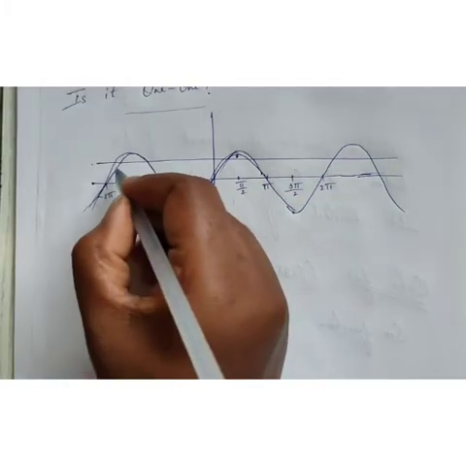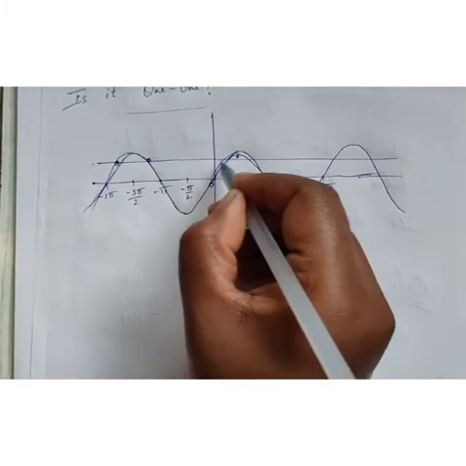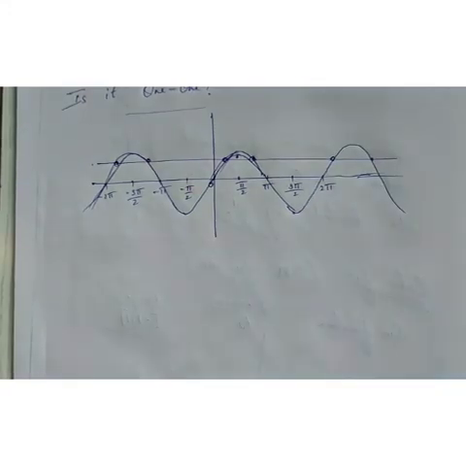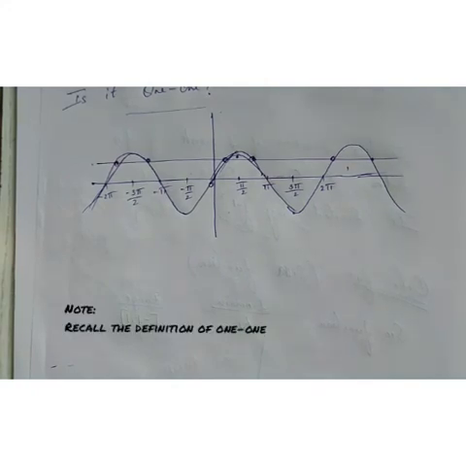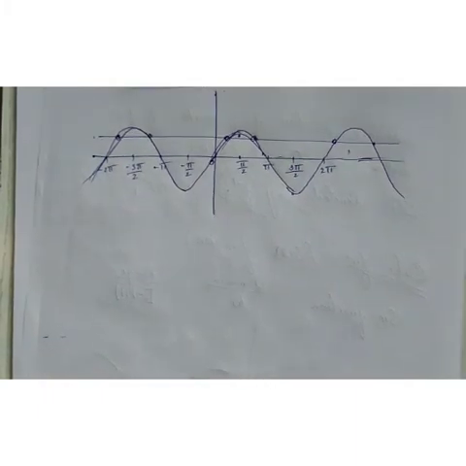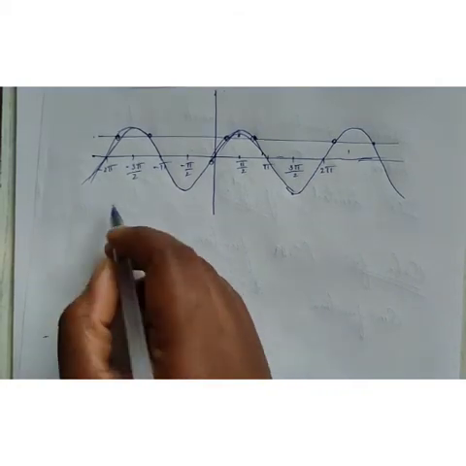You can see that the horizontal line cuts the graph at more than 1 point. This means that the sine function has the same value for more than one value of the variable x. So this function cannot be 1-1. So the sine function is onto, but it is not 1-1. Therefore, the sine function is not naturally invertible.